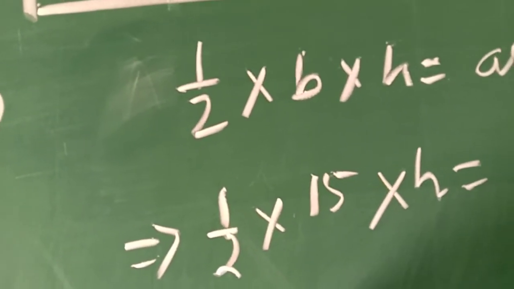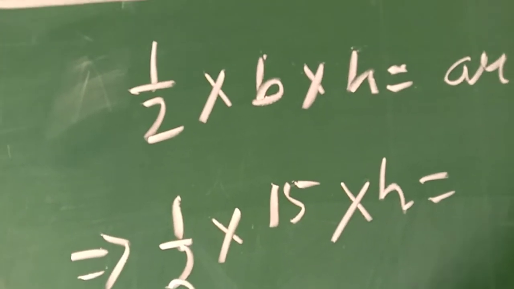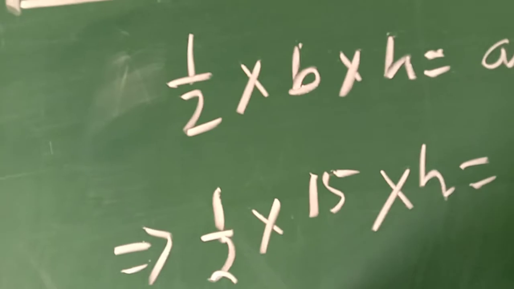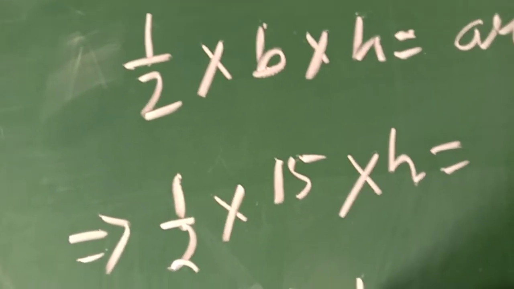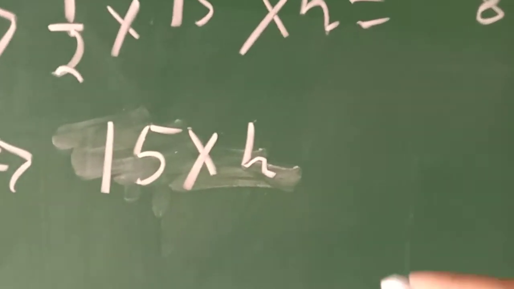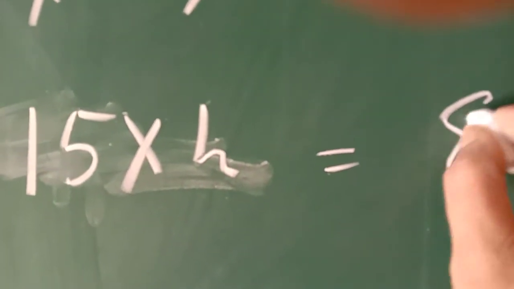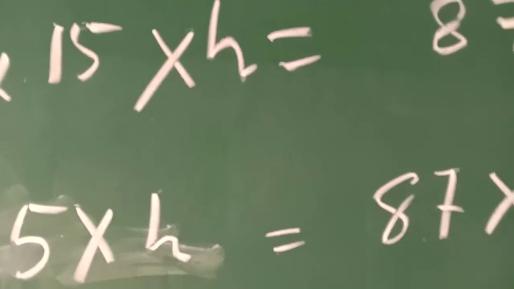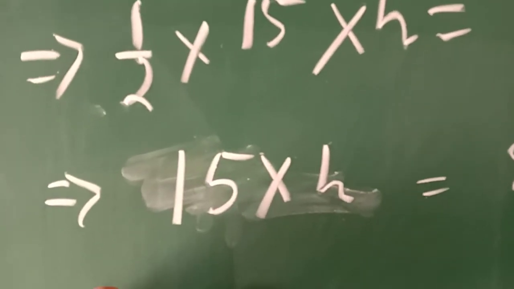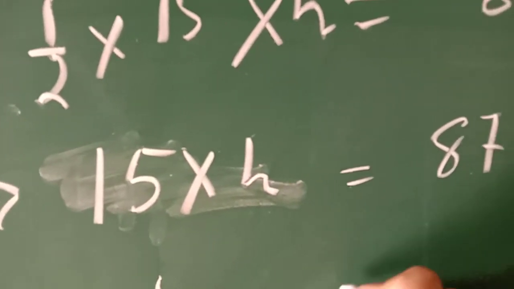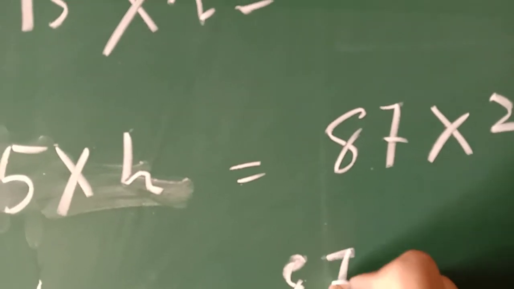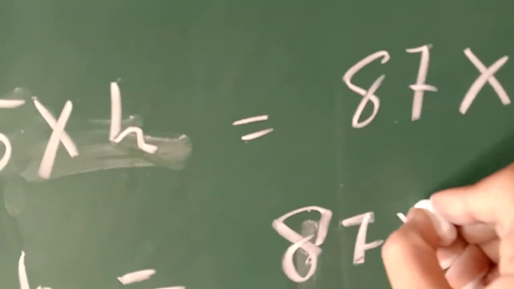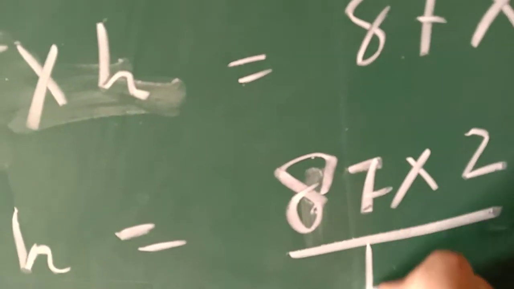So half into 15 into h is equal to 87. 2 was divided here, so 2 will be multiplied over here. Now h is equal to 87 into 2 by 15.